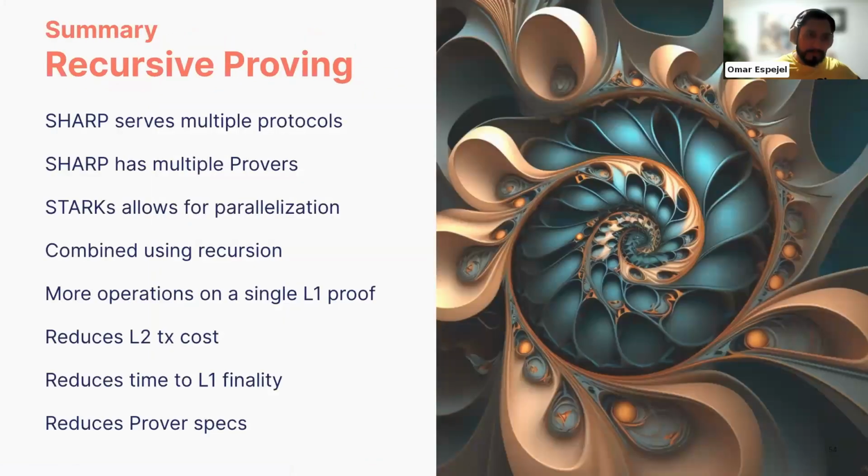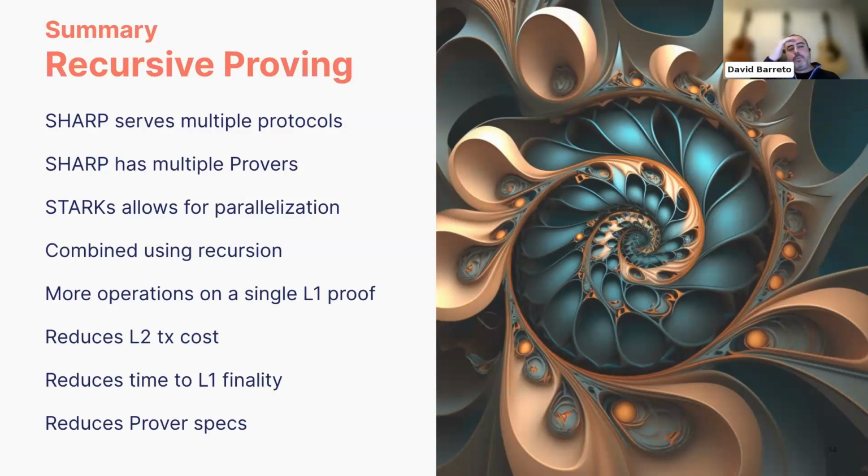Cool. In summary, recursive proving: what you get is that Sharp, first of all, serves multiple protocols, Starknet and all the StarkEx apps. It has multiple provers because you want to parallelize proving. And this is only possible because it's based on ZK-STARKs, which allows for parallelization.